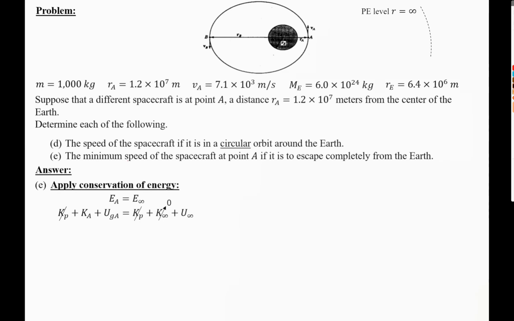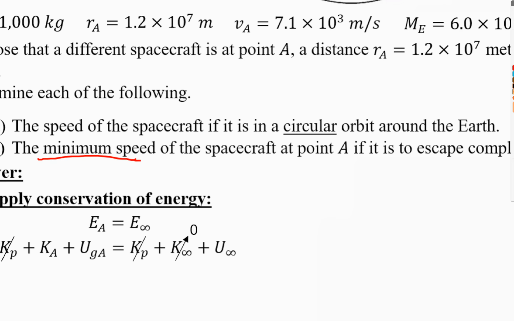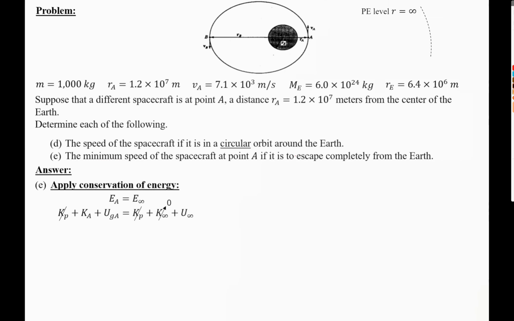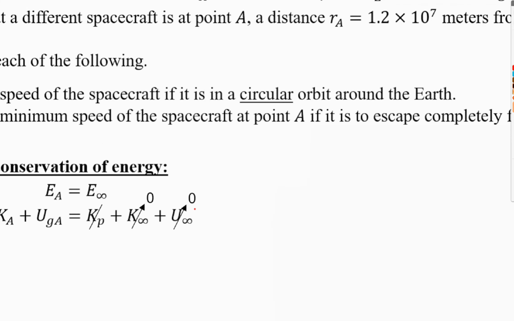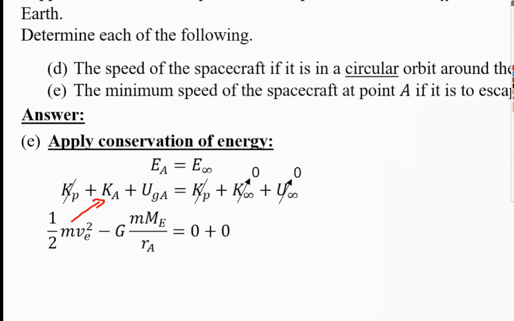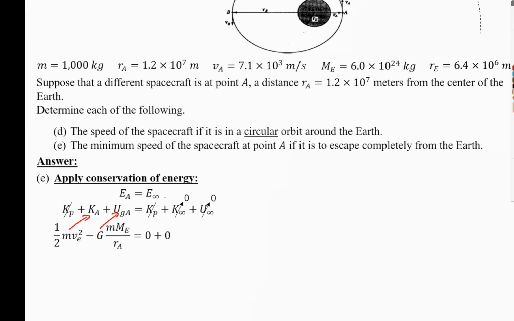Because we're talking about the minimum speed to escape, assuming that at escape the spacecraft would be at rest. And also U at infinity would be 0 because we have lost the bond between the spacecraft and the Earth. And we're left with the following: half m v_e squared for this one and this for that.